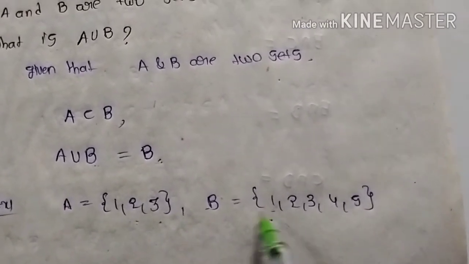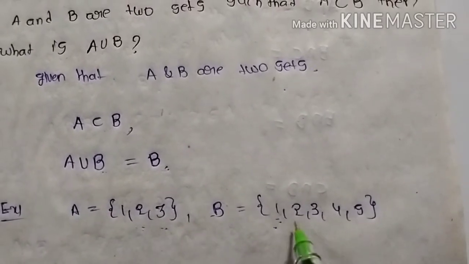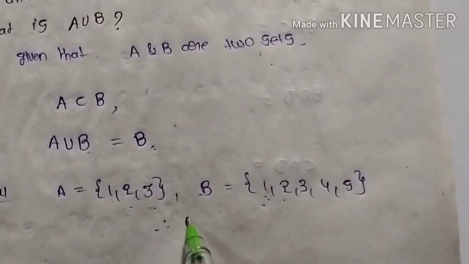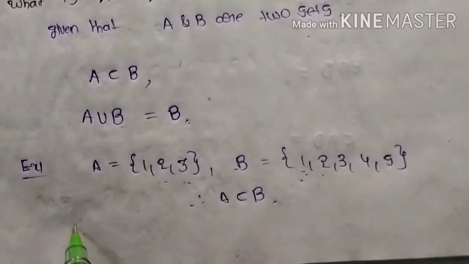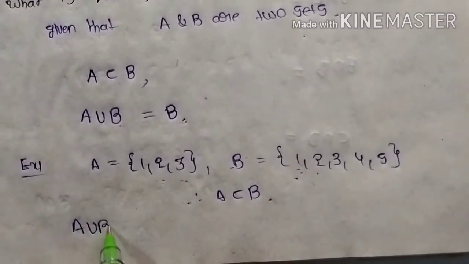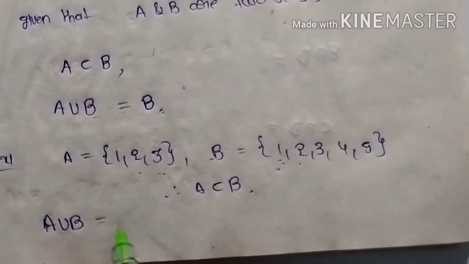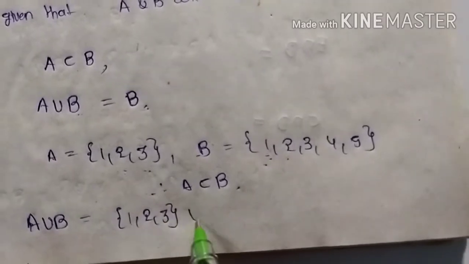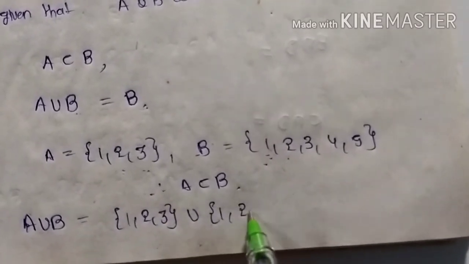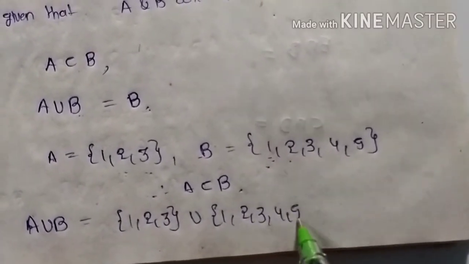Yes or no? 1 belongs to B, 2 belongs to B, 3 also belongs to B, or not? Therefore, can I write here A is a subset of B or not? Yes. Now can you say A union B? A union B is equal to 1, 2, 3 union 1, 2, 3, 4, 5.